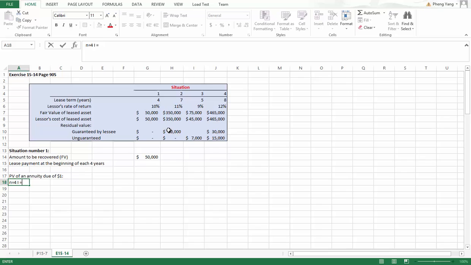And interest, if you look at table 6, should be 10%. So the factor is going to be 3.48685. So if I take my 50,000 times 3.48685, I should get... hold on here.